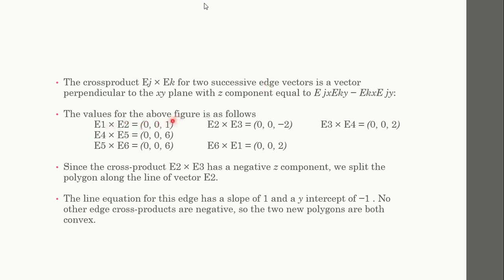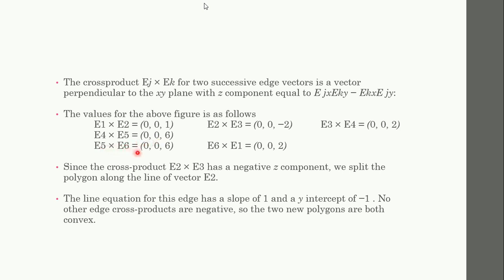The values for the above figure are as follows. As you got, E1 cross E2 is equal to 0, 0, 1. E2 cross E3 will be 0, 0, minus 2, and E3 cross E4 is 0, 0, minus 2, and E4 cross E5 is 0, 0, 6.